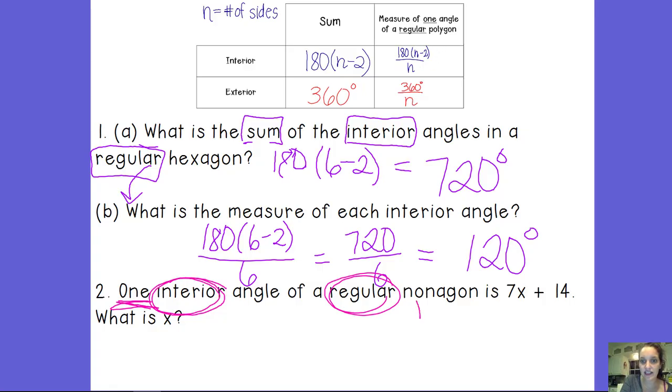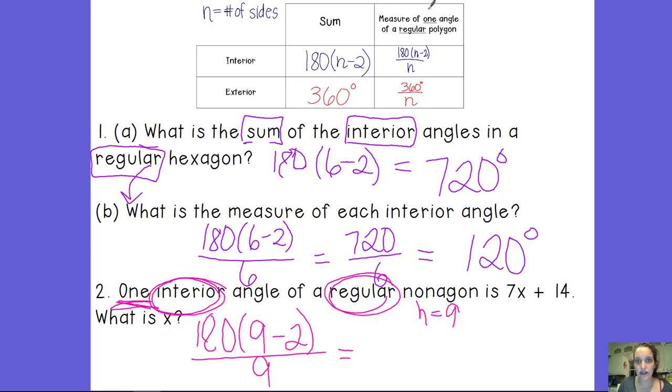A nonagon has n equals 9 sides, so each interior angle is 180 times 9 minus 2, over 9. 180 times 7 divided by 9, and each angle is 140 degrees.